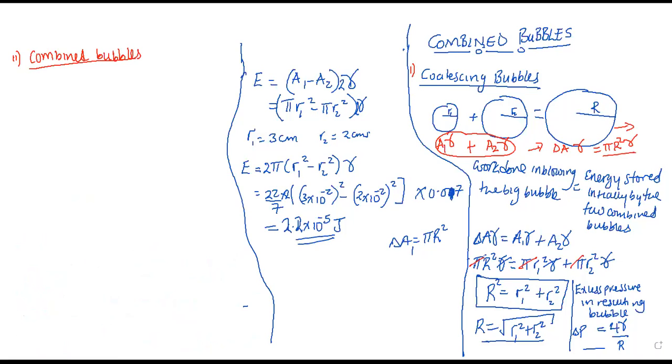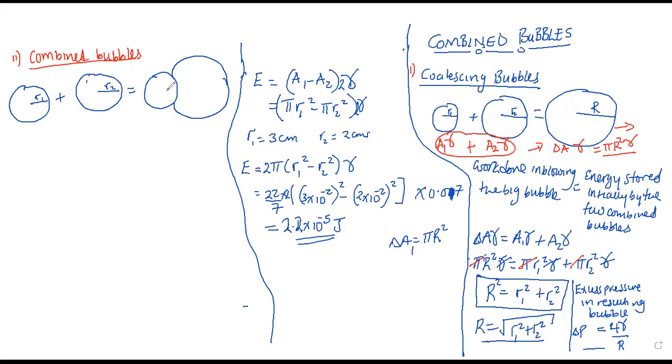Bubbles are combined if and only if they are of this form. You have a bubble of radius R1 combining with a bubble of radius R2. Then they do not merge, but one gets stuck onto the other. So the reason why this one has expanded is because this one has pushed it in.